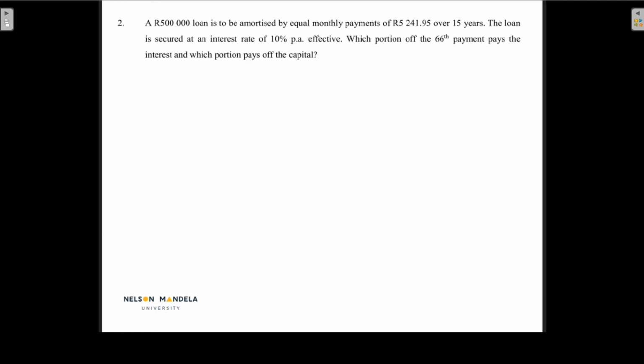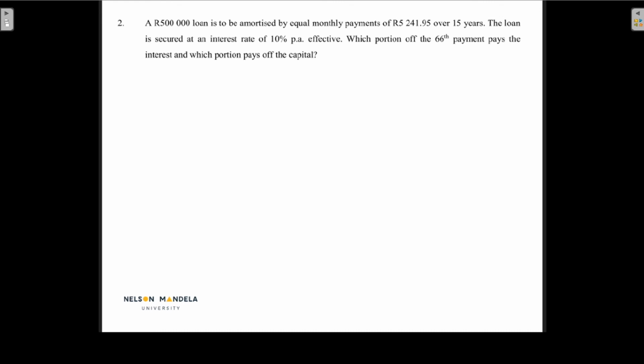If you look at number 2, a 500,000 Rand loan is to be amortized by equal monthly payments of 5241.95 over 15 years. The loan is secured at an interest rate of 10% per annum effective. Which portion of the 66th payment pays the interest and which portion pays off the capital?